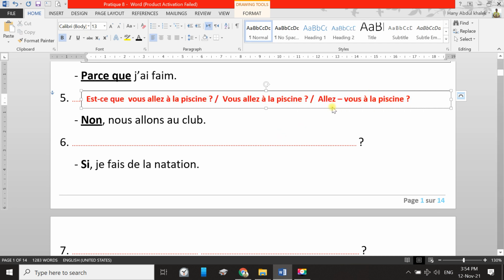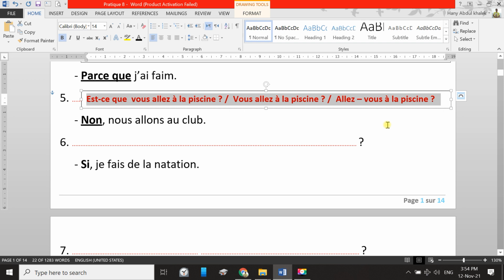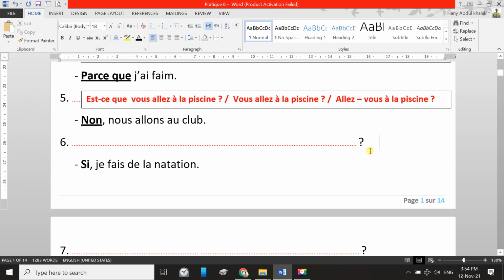It's like in English, do you go to the swimming pool? So here we can use est-ce que vous allez à la piscine? Vous allez à la piscine. And here, allez-vous à la piscine? It's the same meaning, but we use many ways. There is a difference between these three ways, but it's something you don't need, you just want to speak. We are studying the general French. We are not explaining something about the grammar rules, typiquement comme la langue soutenue, la langue standard, like that.